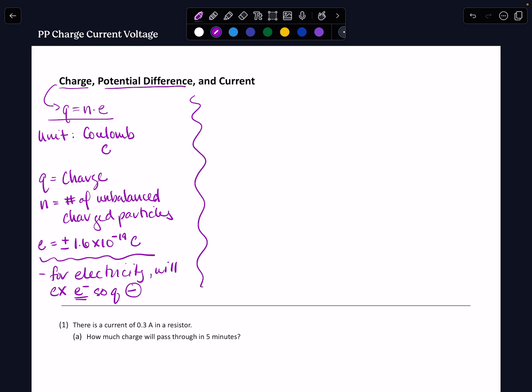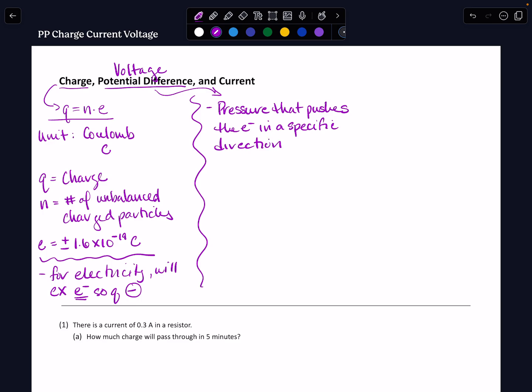All right, so now let's move on to potential difference. All right, so potential difference, this is also known as voltage. It's the pressure that pushes the electrons around our circuit. So it's the pressure that pushes the electrons in a specific direction.